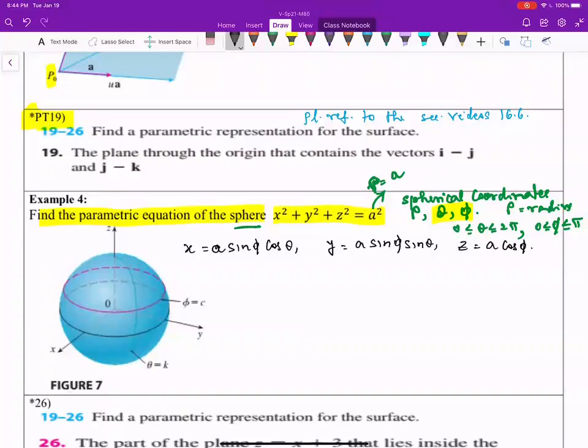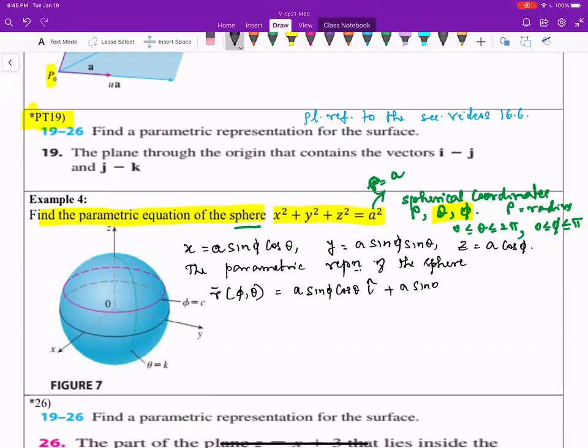So we actually represented a sphere in terms of the parameters phi and theta. The parametric representation of the sphere would be r, vector r, in terms of phi and theta, which is equal to x i plus y j plus z k, where x is a sine phi cosine theta i plus a sine phi sine theta j, which is the y component.